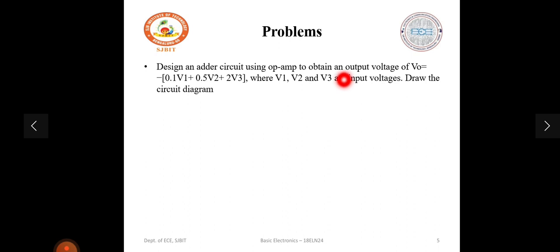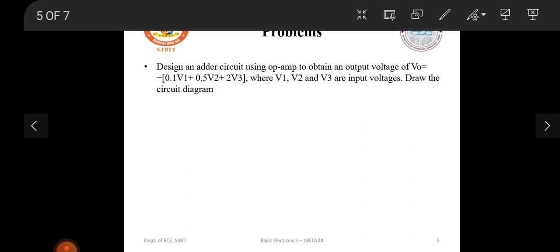Draw the circuit diagram. First, we are supposed to draw the circuit diagram, and then find out the constant values that are present in the circuit diagram. So first, let us solve this problem by drawing the circuit diagram.